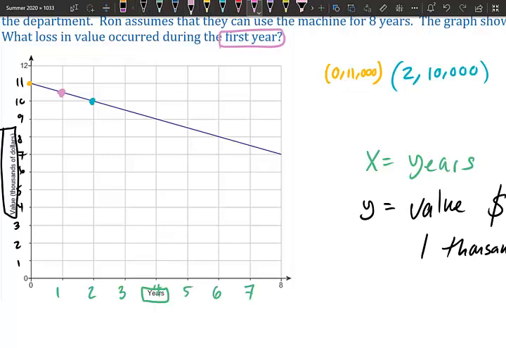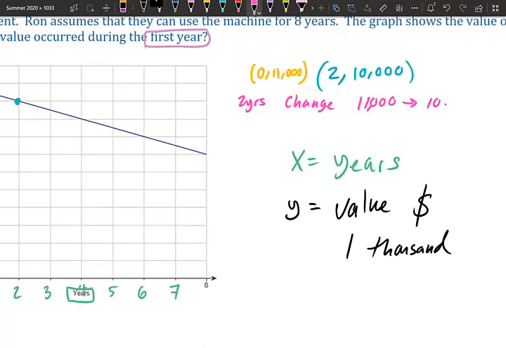So in 2 years, the change, it was 11,000, and then it went to 10,000. So technically, didn't they lose $1,000? They did, because it went down $1,000. So that's in 2 years. So that means in 1 year, if it's 1,000 in 2 years, 1 year is minus 500.